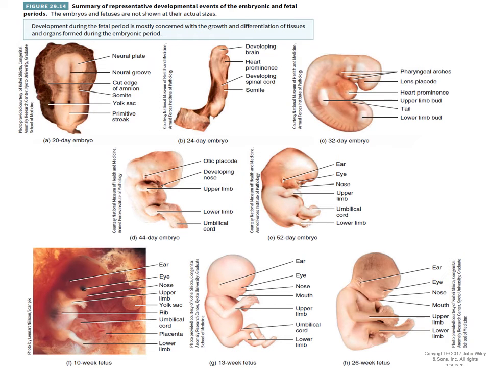This figure is a summary of the major developmental events of the embryonic and fetal periods. As we can see, it shows representative developmental events. The embryos and fetuses are not shown at their actual sizes, of course. Development during the fetal period is mostly concerned with the growth and differentiation of tissues and organs formed during the embryonic period.